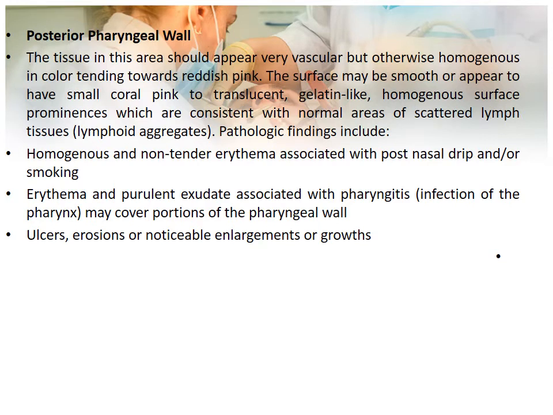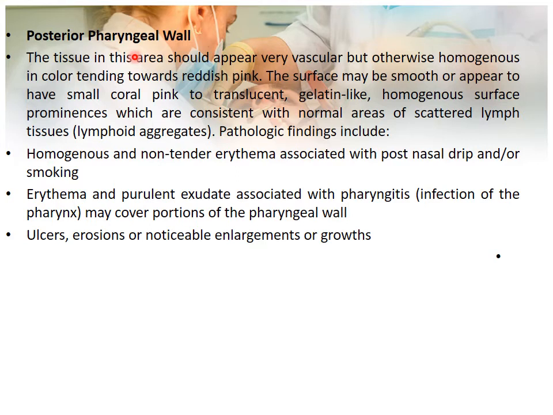First of all, we start with the posterior pharyngeal wall. The tissue in this area mostly appears vascular, homogeneous in color, and mostly reddish pink.